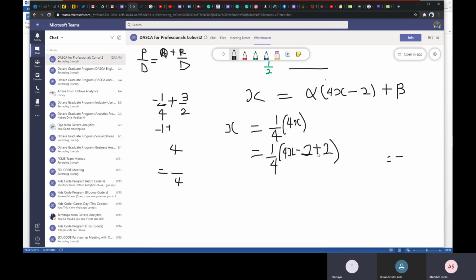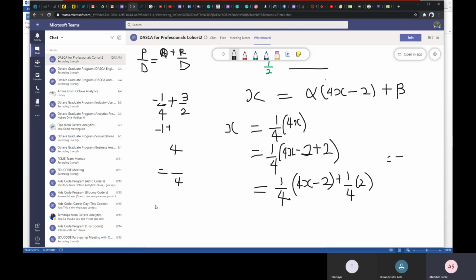Do you understand? This is 1/4 of 4x, which is just x. Now inside this, I'm putting minus 2 plus 2; it still cancels, right? Yes. So this is equal to 1 over 4 into (4x minus 2) plus 1 over 4 into 2.